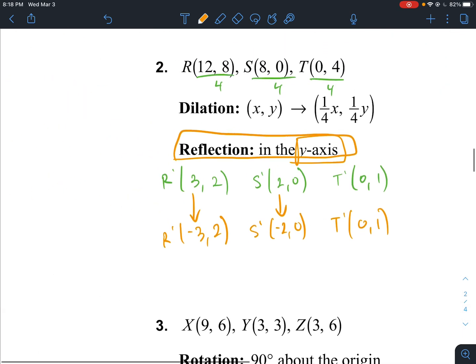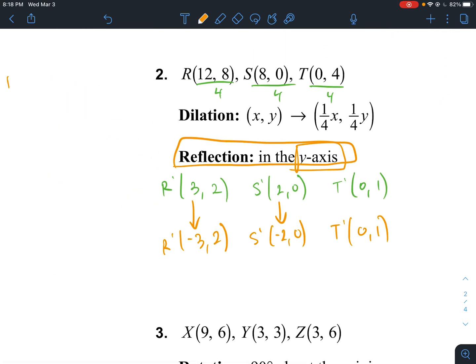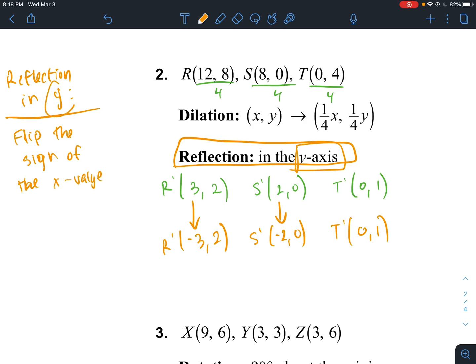Here's something important to note. Reflection in y: flip the sign of the x value. So reflection in the y, change the sign of the x.